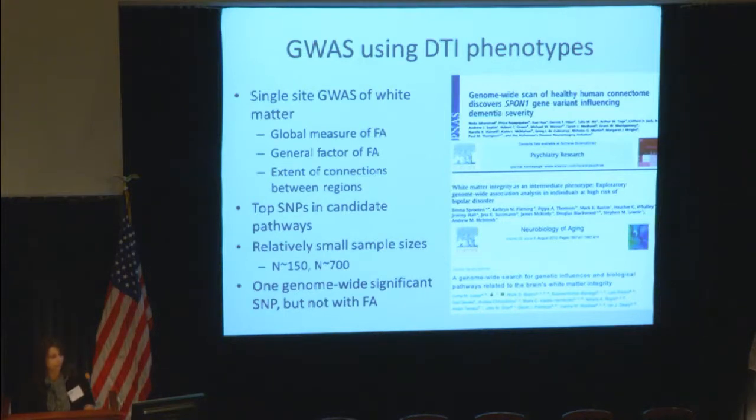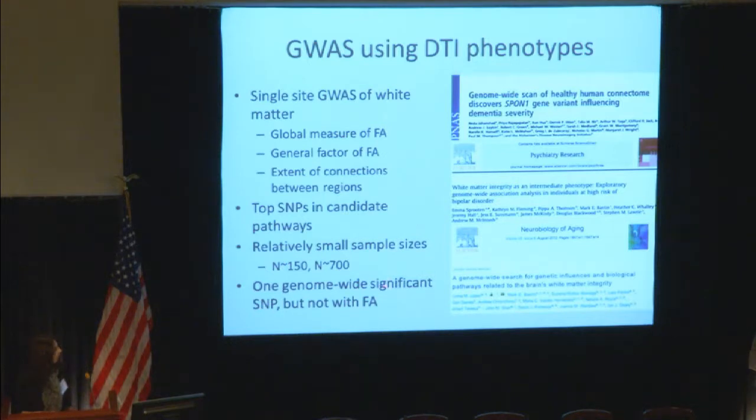Now, there's a recent trend towards using DTI phenotypes in GWAS, and Peter brought up a good example of using a candidate SNP approach. But there are a few papers that have been using diffusion imaging as phenotypes for GWAS. Not much has come out of it in single cohort studies.